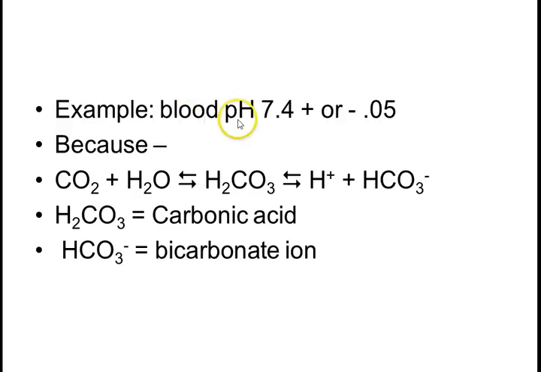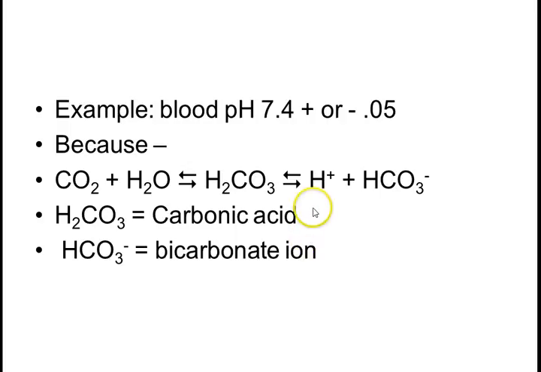Now, here's an example. pH of our blood is about 7.4, give or take about 0.05 of a pH unit. And this works because in the blood we have CO2, carbon dioxide, dissolved in water, and that forms carbonic acid. This carbonic acid dissociates to form hydrogen ions and bicarbonate ion.